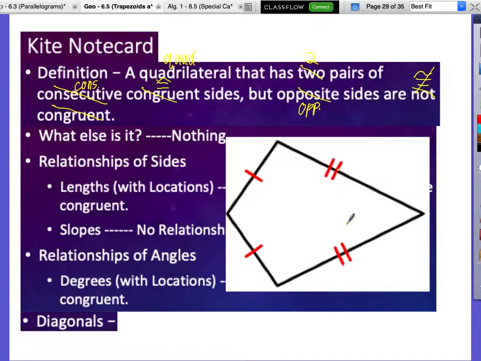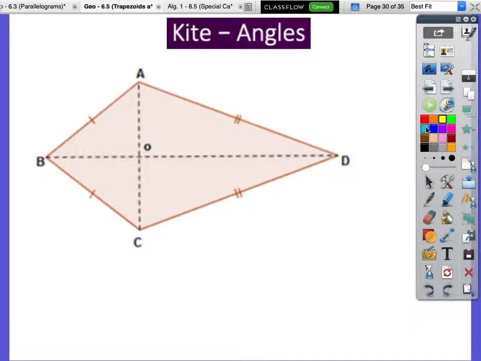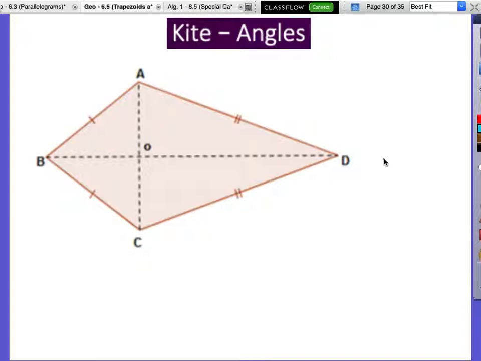Okay. Talking about the angles real quick, take a little sidebar here. If you look at the notes, we have it on here. So we can know which angles are going to be congruent. The way we're going to figure that out is the angles between the non-congruent sides.